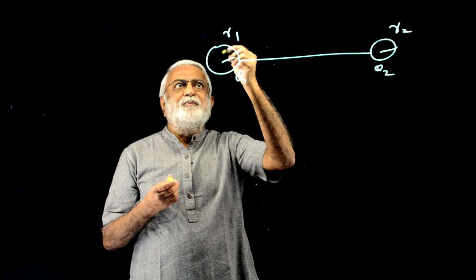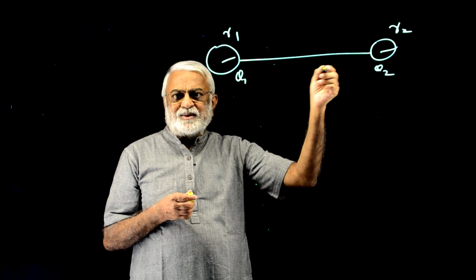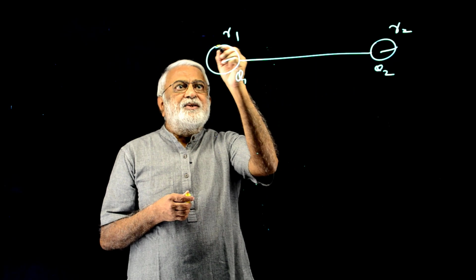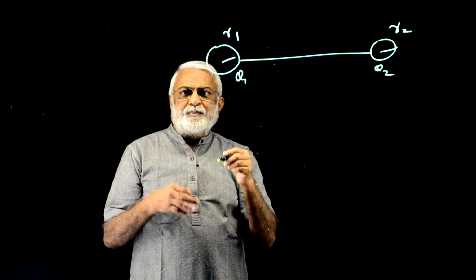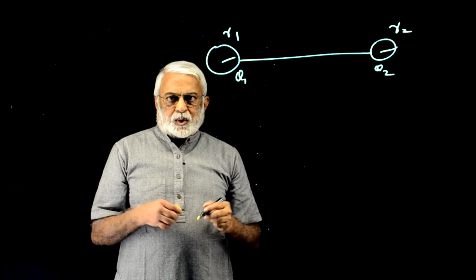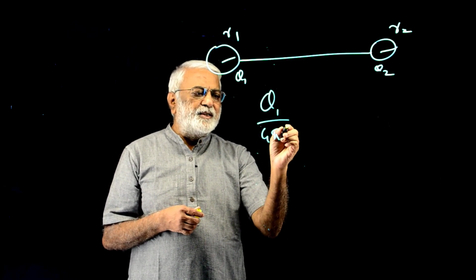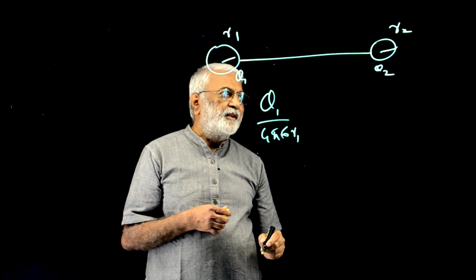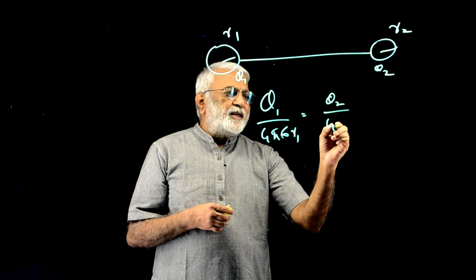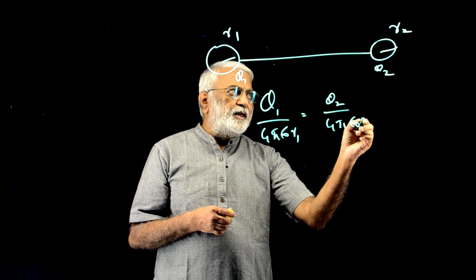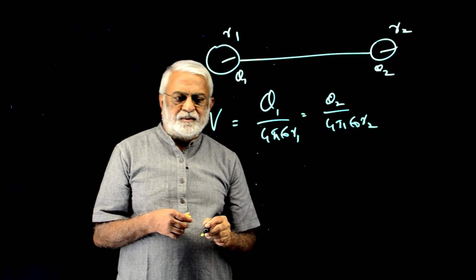When you want the potential, since you're ignoring the presence of the other conductor, it's so far away, the charge would be uniformly spread on the surface. Potential will be Q1 by 4 pi epsilon 0 R1, and this is Q2 by 4 pi epsilon 0 R2. This is the common potential they have.